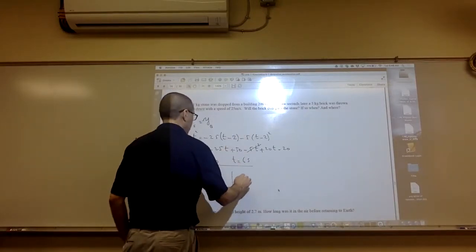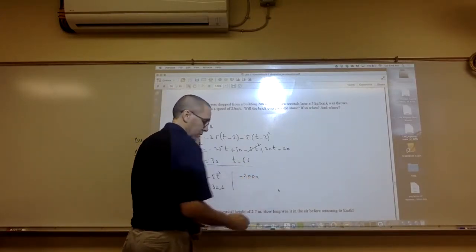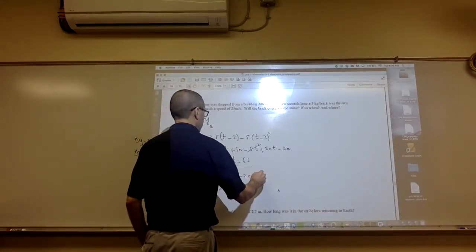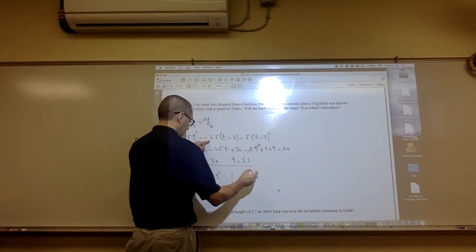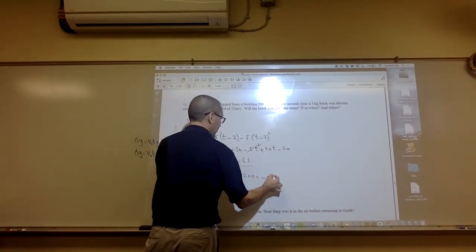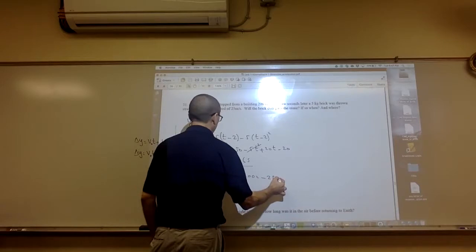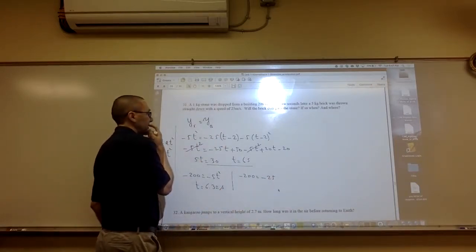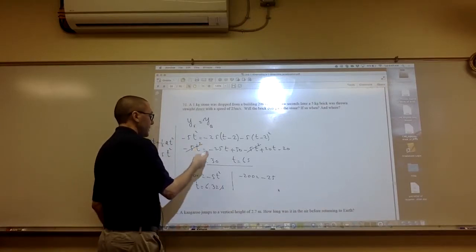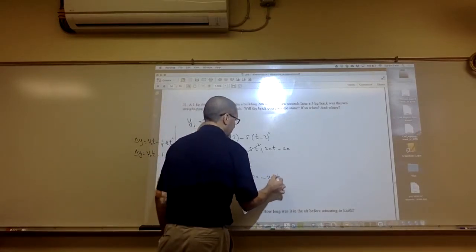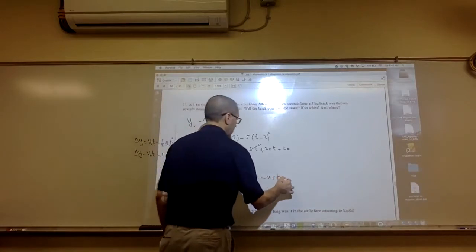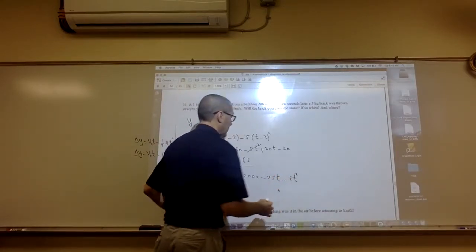Now for the brick, it's going to be negative 200 equals negative 25t minus 5t squared. I can just use t, since I'm looking for the time it takes the brick to get to the bottom, and then add 2 seconds.